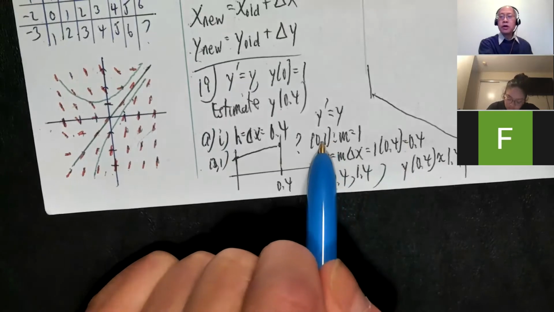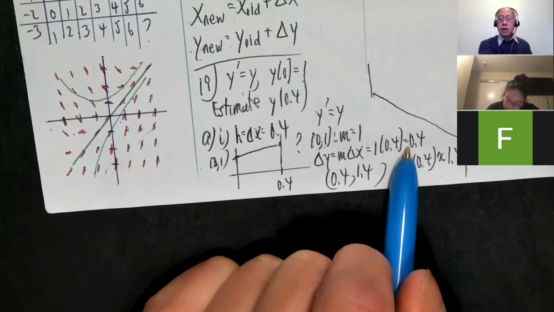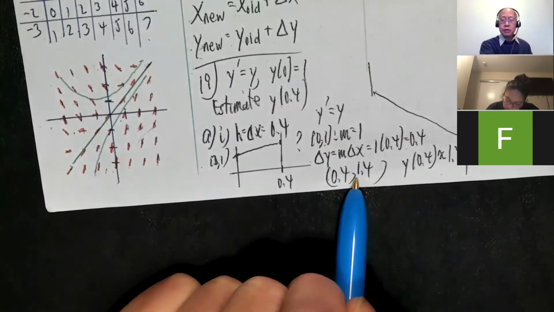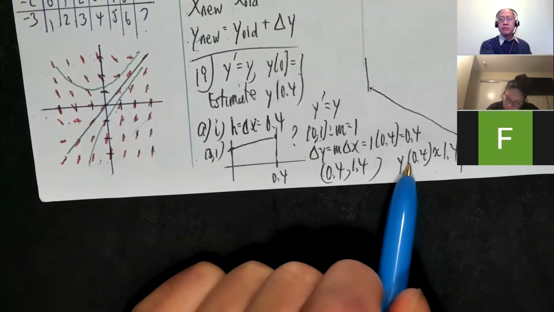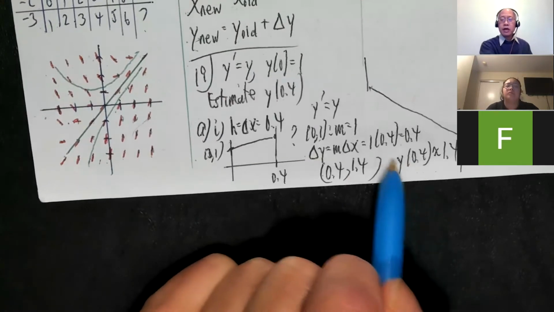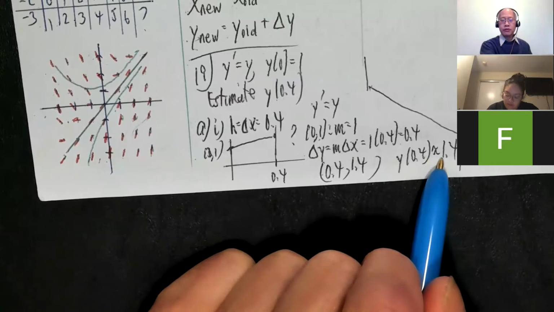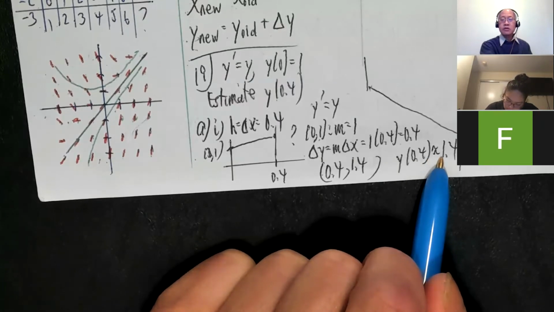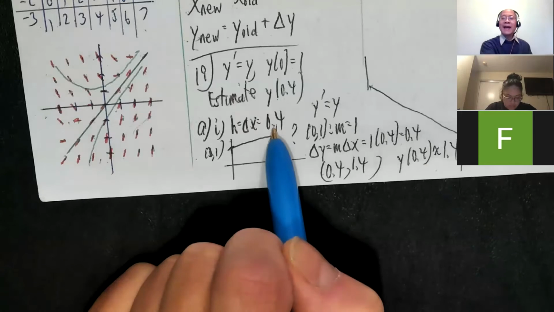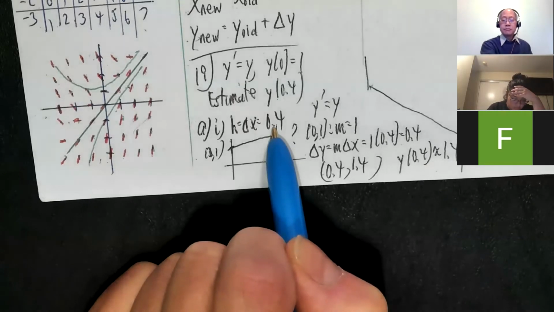So if I used to be at 1, I add 0.4. So now I'm at 1.4. Okay, so in this simple case, very easy to compute, but it's probably not that accurate. y of 0.4 is roughly 1.4. So I'm done with that problem. Delta x was 0.4. N is equal to 1. Probably not that accurate.